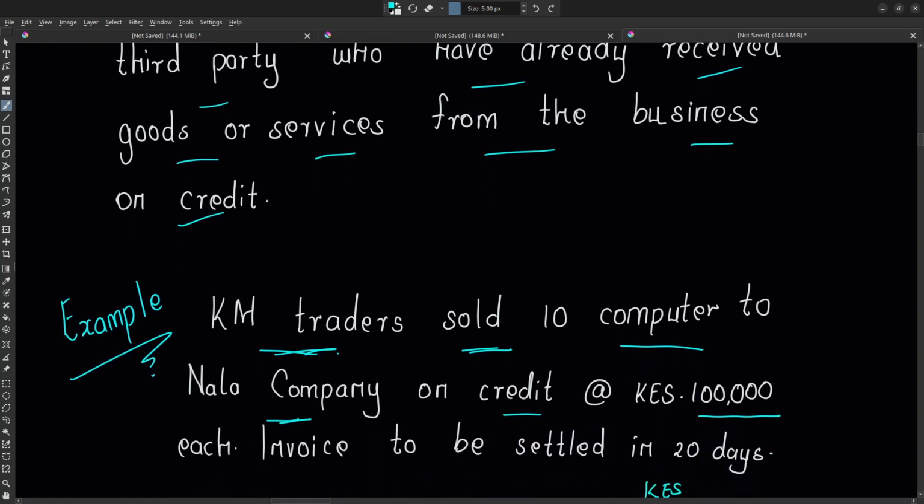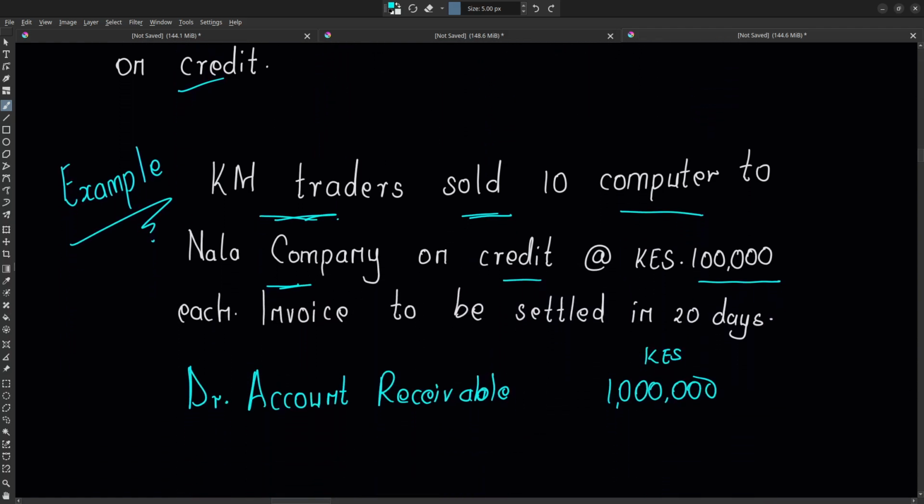So Nala has already received the goods and services, but has not yet paid for them. Remember, this account receivable is an asset account. So for an asset account, when you want to recognize an increase, what do you do? You debit that account. That is why we are debiting here.